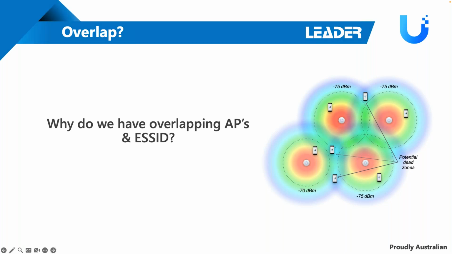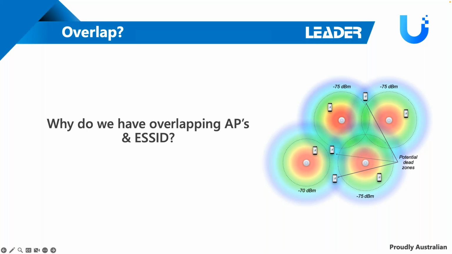So why do we have so much overlap in an environment? Most businesses would have overlap. What I mean by overlap is overlapping area of coverage for your access points. Leaders' offices is an example of this, where we have our leader Wi-Fi. It's got the same SSID throughout the entire building.